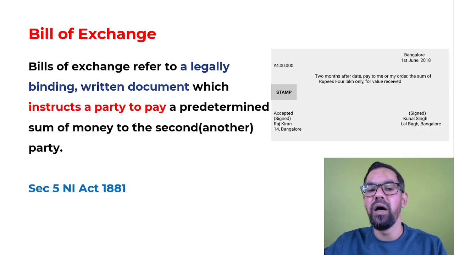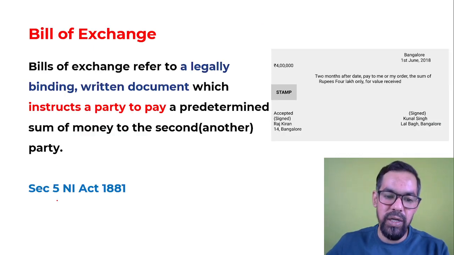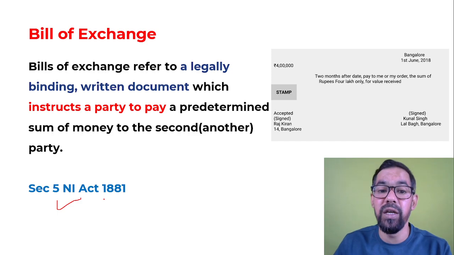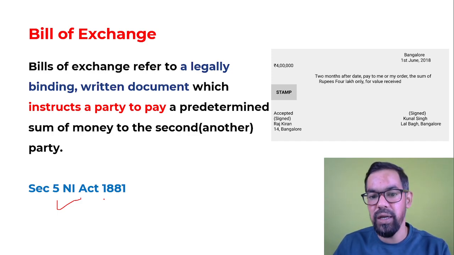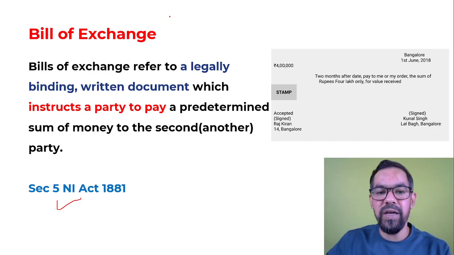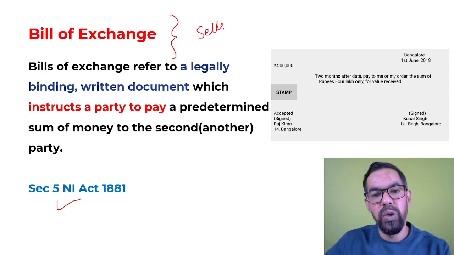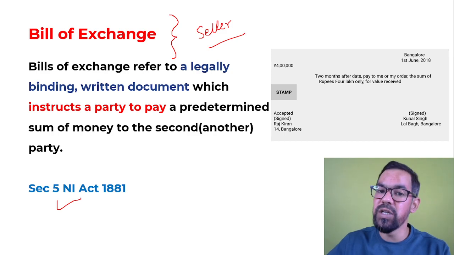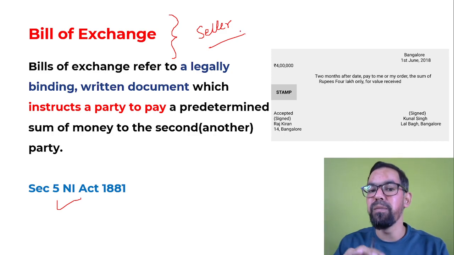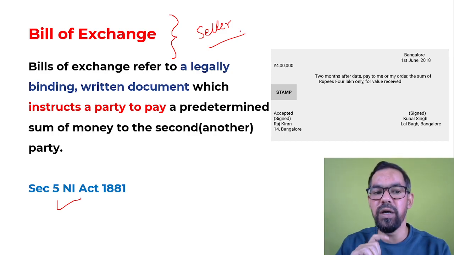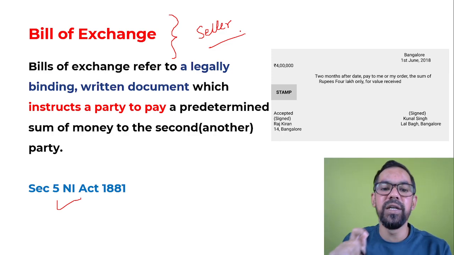Next one, section 5 of the Negotiable Instruments Act 1881, which defines the bill of exchange. A bill of exchange is generally issued by the seller. In the case of a promissory note, it is issued by the buyer, but the bill of exchange is issued by the seller.